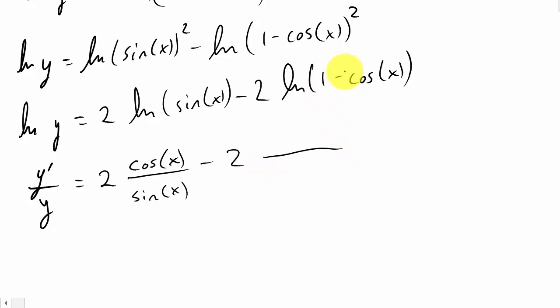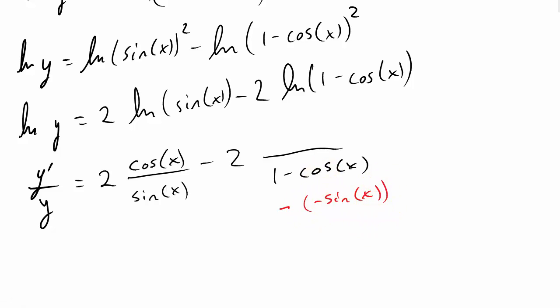Let's take the derivative of this. This would be 1 minus cosine x in the denominator, and the derivative of this goes in the numerator. The derivative of 1 is 0, and the derivative of negative cosine is, since the derivative of cosine is negative sine, a positive sine up here.